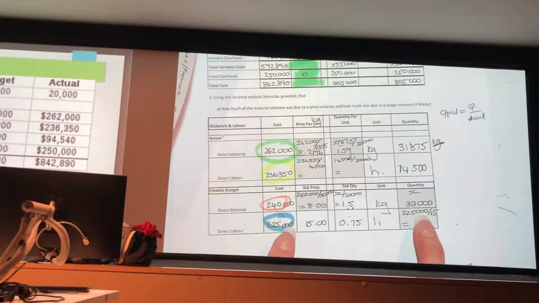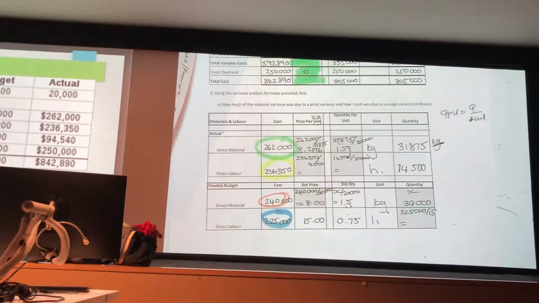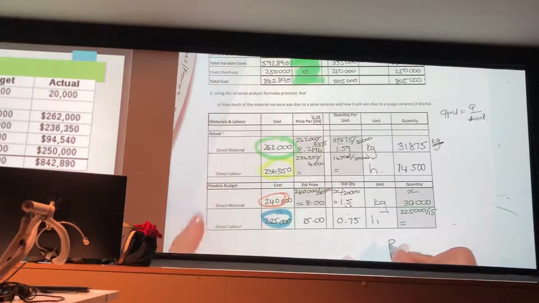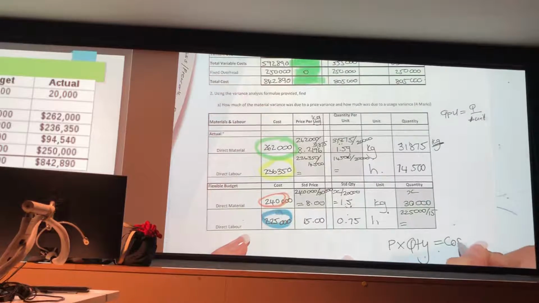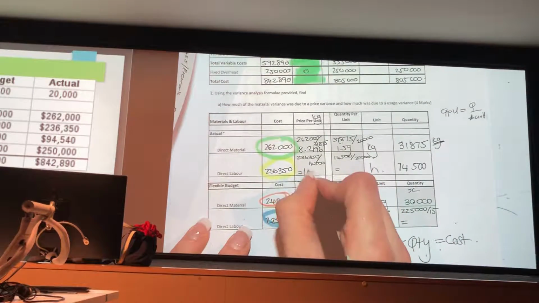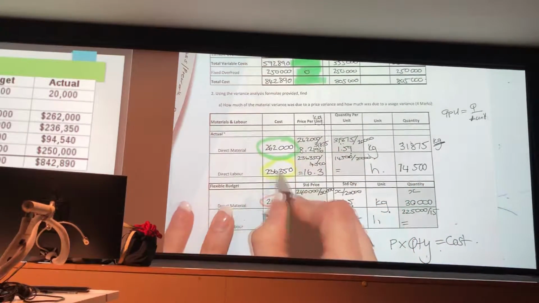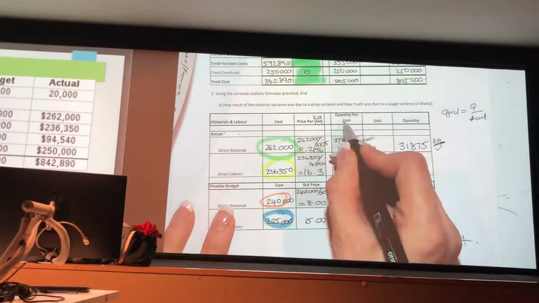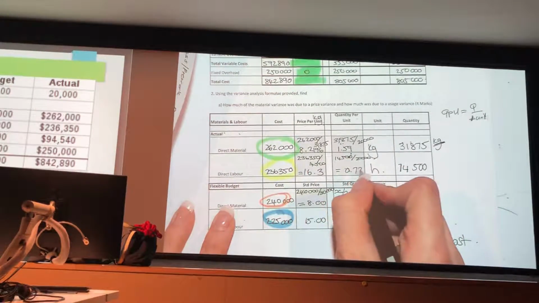So this one obviously is the direct labour divided by the price would give you the quantity. So this answers for this is 16.3 for the price per unit for direct labour actual, and the quantity per unit for actual direct labour is 0.73.